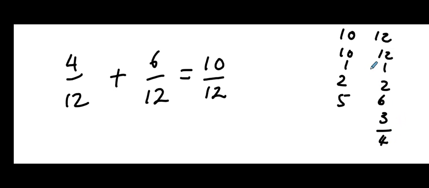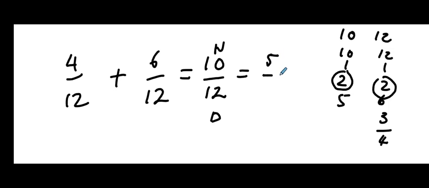When I look at my two lists, I have a common factor of 1, but I also have a higher common factor, which is 2. So I divide my numerator by 2 and my denominator by 2. 10 divided by 2 equals 5, and 12 divided by 2 equals 6.